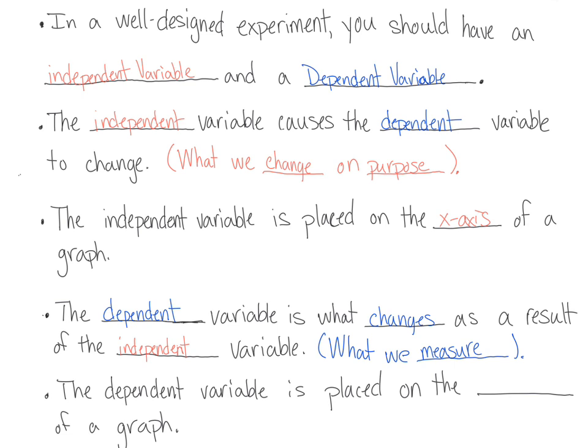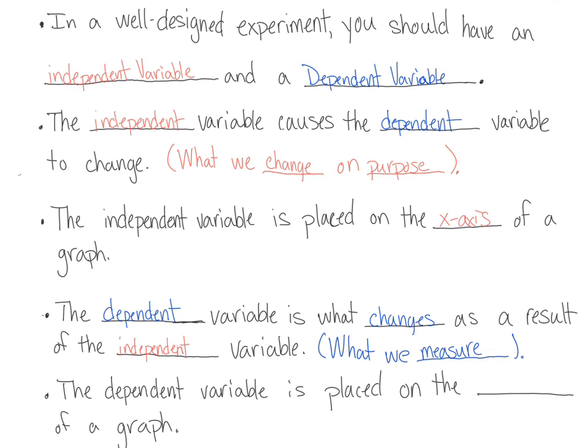The dependent variable of that experiment was how far the airplanes flew. Again, that was what you were measuring in paces or walking out steps. So that experiment, even though we didn't talk about it ahead of time, had an independent variable, the type of airplane, and a dependent variable, how far those airplanes flew.